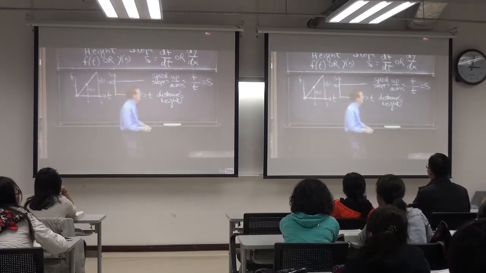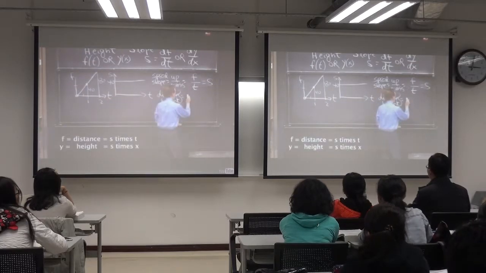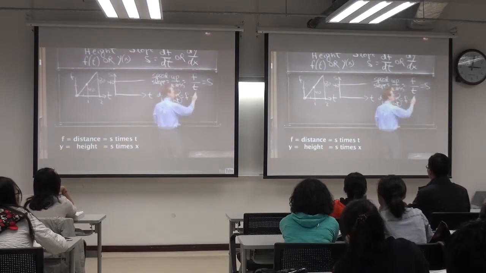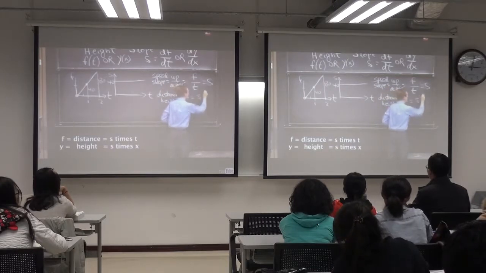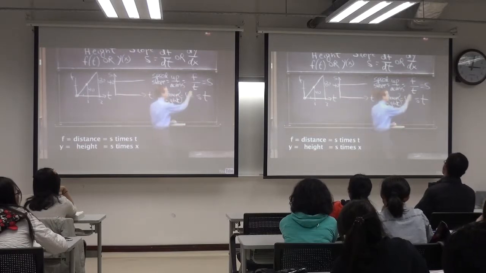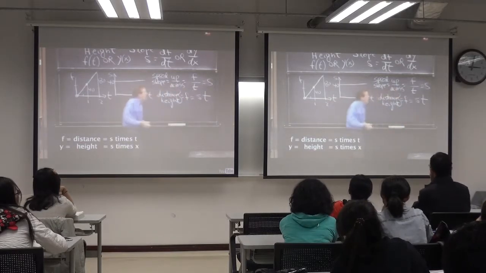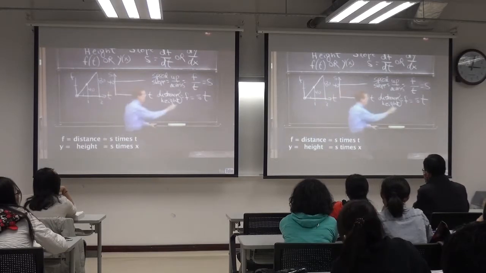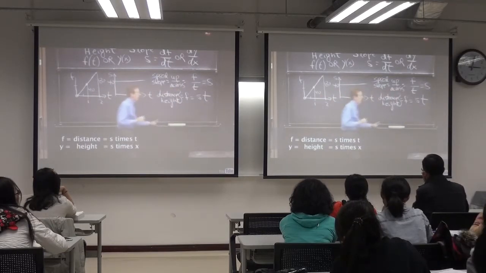Well, you see how. How do I find F? It's S times T, right? Your algebra automatically says, if you see a T there, you can put it there. So it's S times T, it's a straight line.